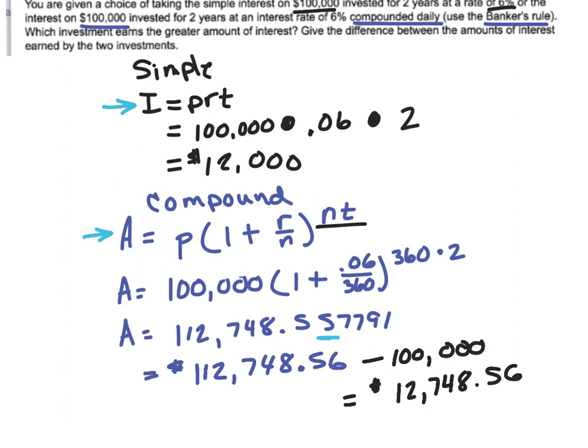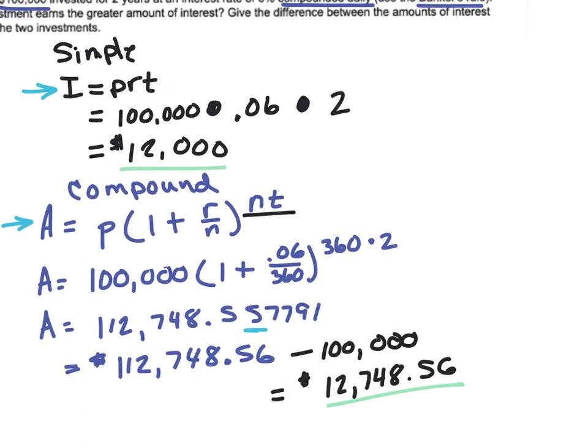So now that we have the amount earned by each one, as we kind of had a feeling was going to happen, the compound interest method earned more money than the simple interest method. So now we just need to know how much. So I'm going to subtract the difference. I'm going to do this over here to the side.